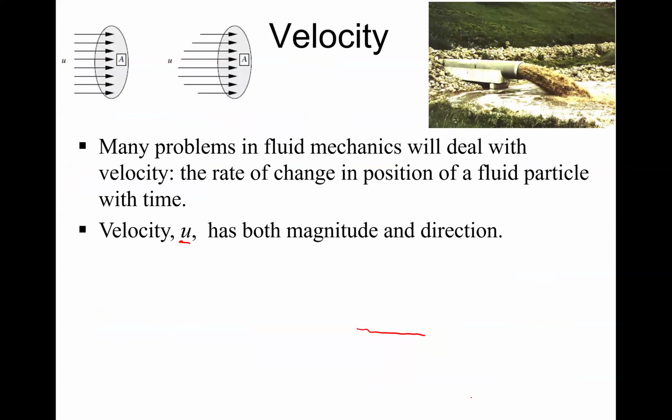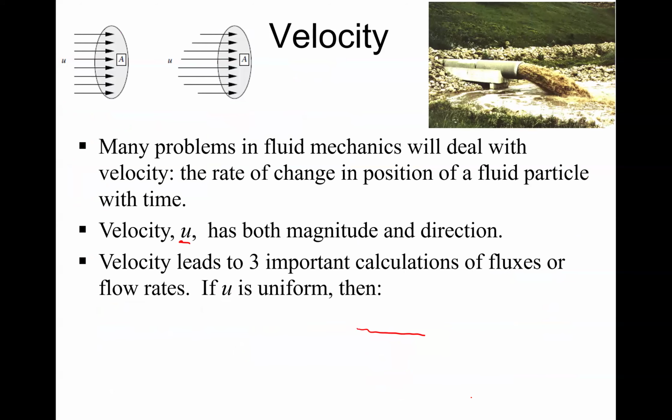Now, velocity. Velocity is a flux. So basically, you are looking at a flow across an area, a velocity, how many meters per second, for example, the fluid is going at.